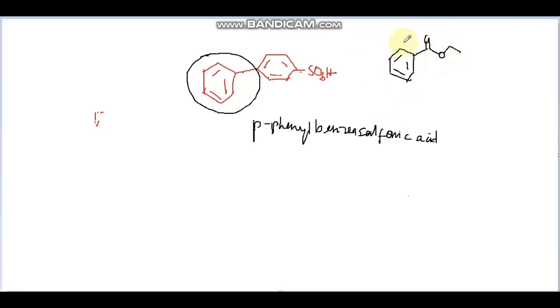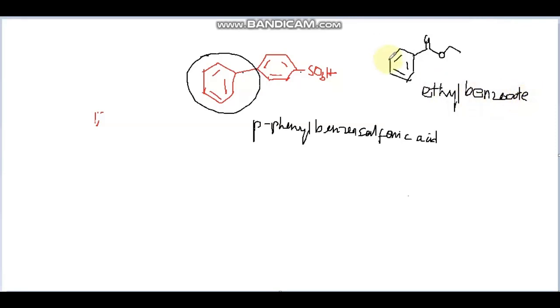Then the carboxylic acid part as an alkanoate. So here, this ester is between an ethanol and a benzoic acid. So the name of this ester becomes ethyl benzoate. The alkanoate of benzoic acid is called a benzoate. So ethyl benzoate is the name of this structure.